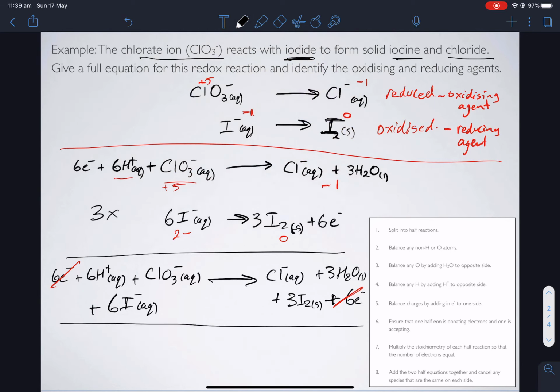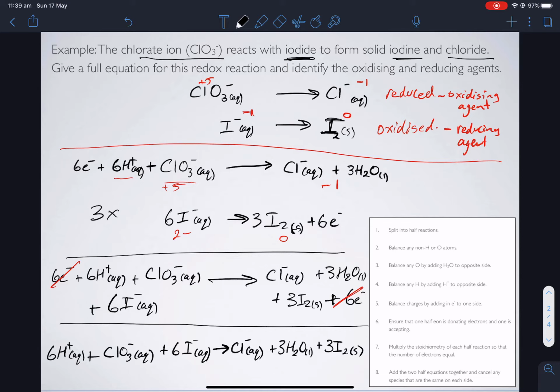I'm going to write it all underneath together. So, 6H plus aqueous plus the chlorate plus the 6 iodides produce chloride, 3 waters, and 3 iodines.